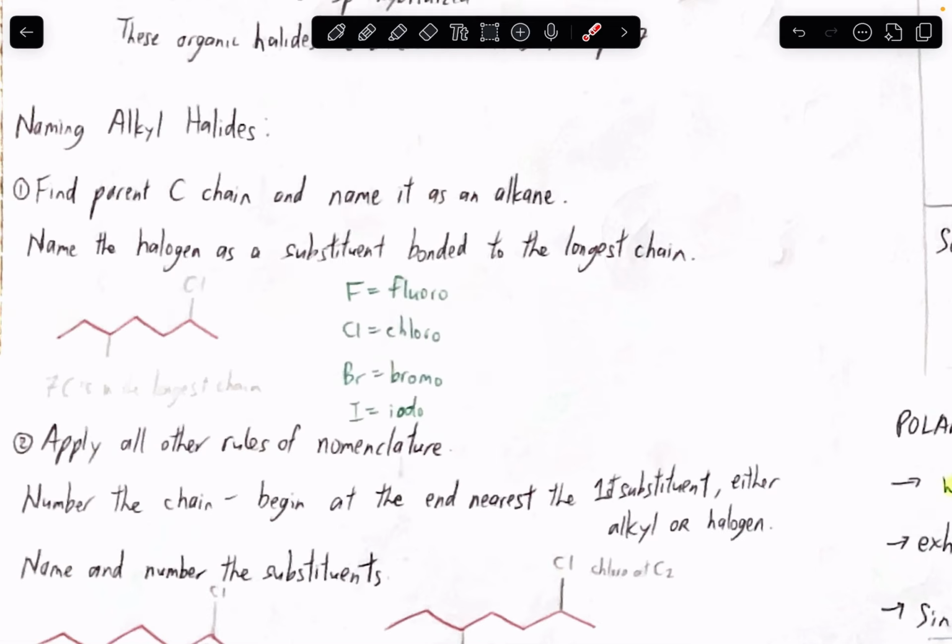You find the parent carbon chain and name it as an alkane. It is the parent carbon chain when that chain has the most number of carbons possible. You name the halogen as a substituent. As far as I know, these are the only halogens you will be dealing with for the most part: F is fluoro, Cl is chloro, Br is bromo, I is iodo.